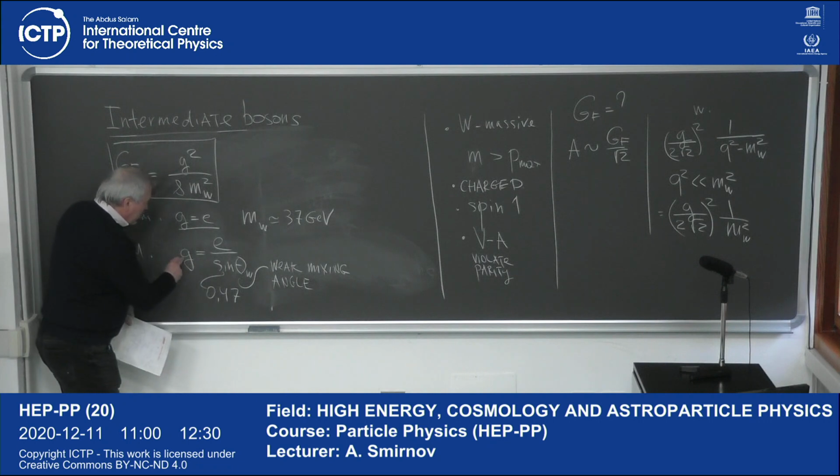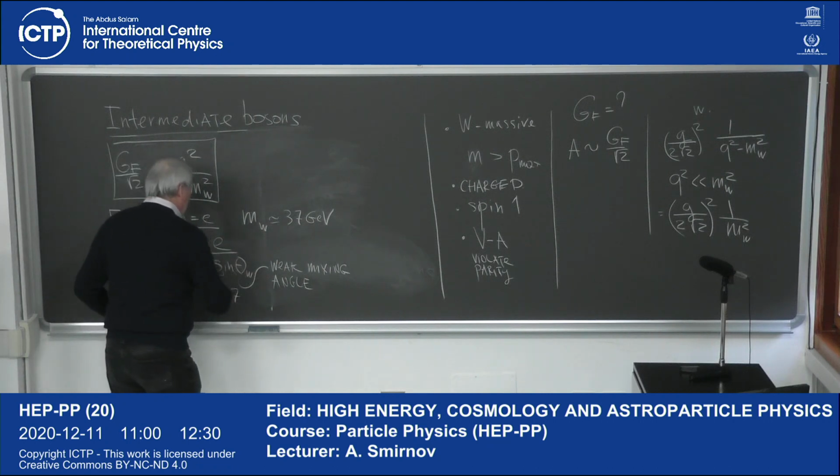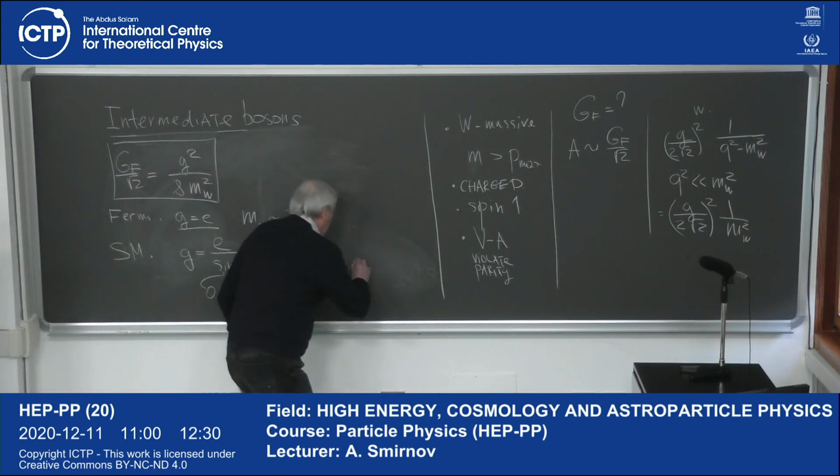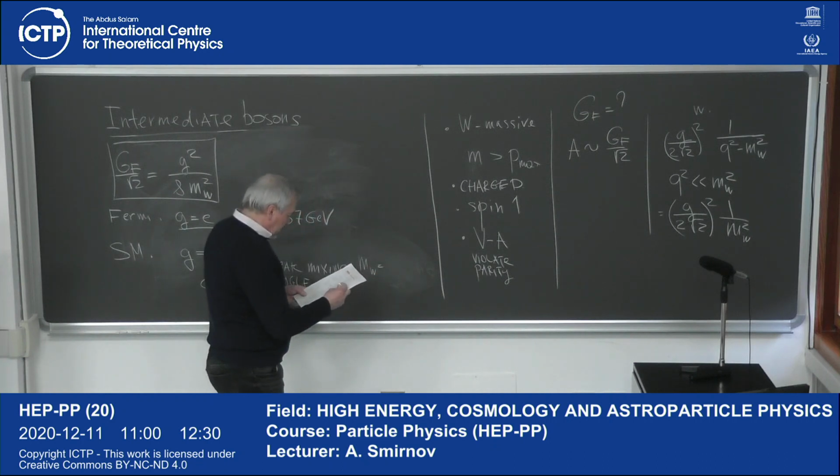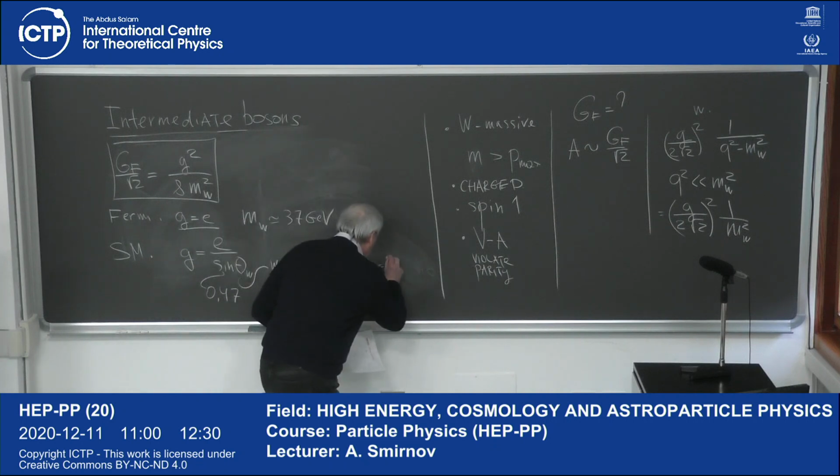So therefore, g is bigger than the electromagnetic coupling constant, and I will not discuss this. You will learn from the standard model. So what I want to say is that g is bigger than electric charge, and therefore the true mass of the W boson is bigger. And what we have now is the mass of the W boson, let me say precisely, is 80.38 GeV.